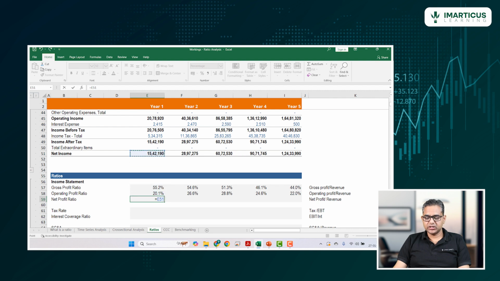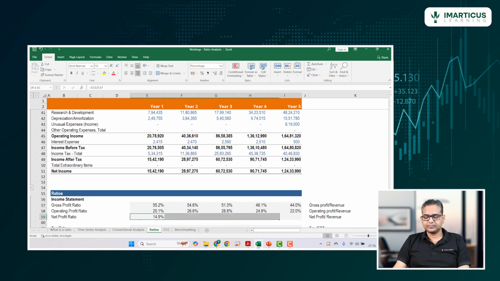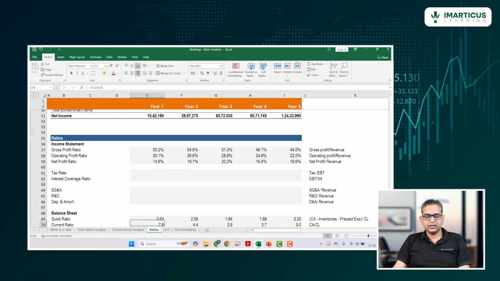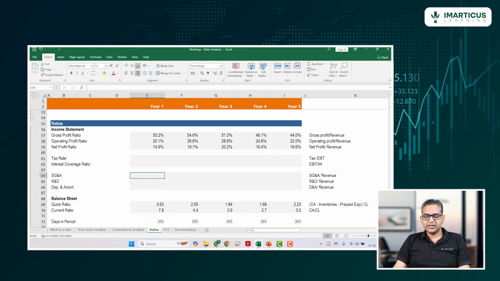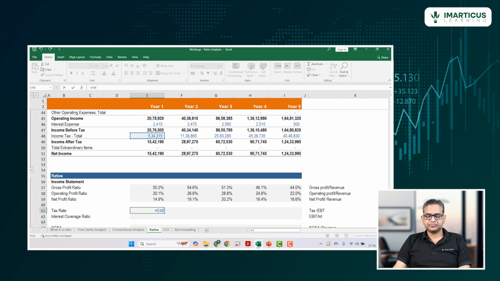Net profit margin is net profit divided by revenue. Okay. Next we have tax rate. Let's see the tax rate, which is tax upon PBT.